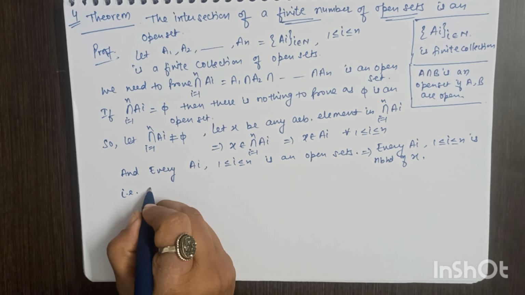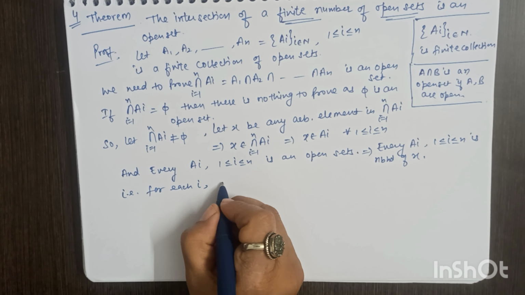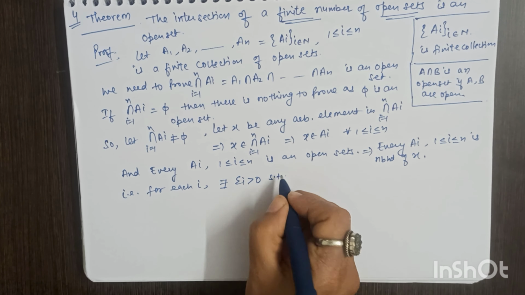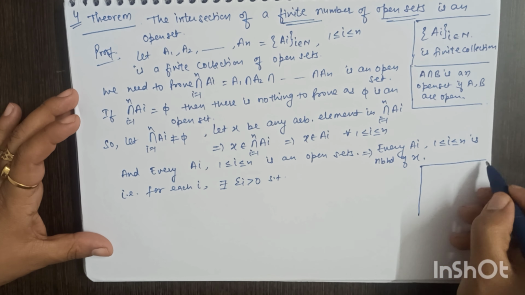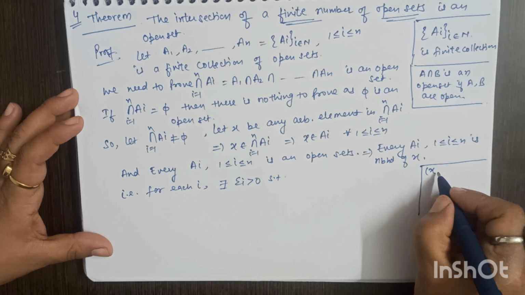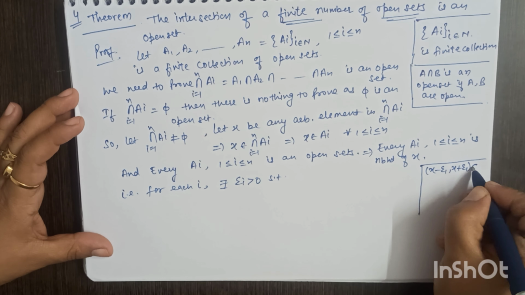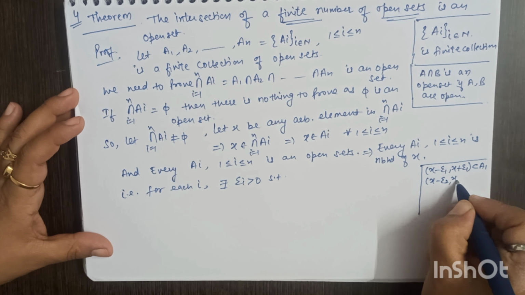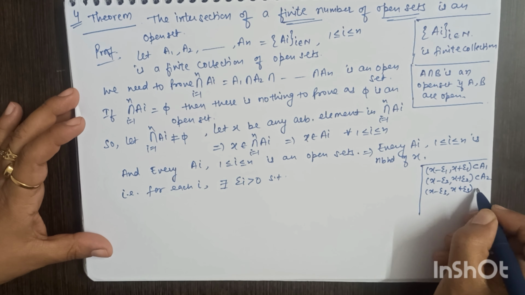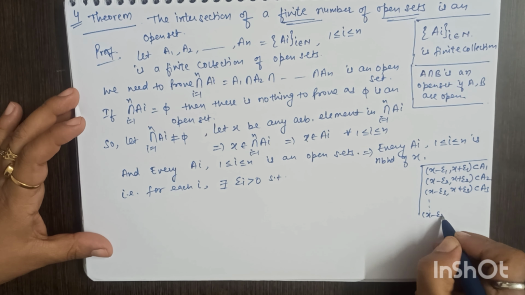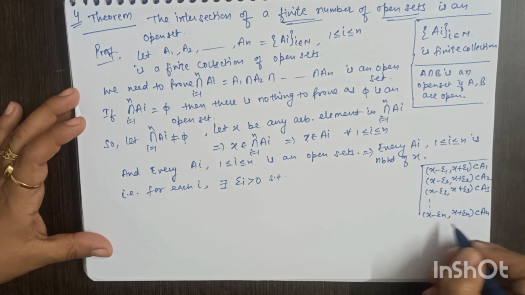So for every set I'll be getting a different epsilon. See what we are doing. Suppose the open interval containing x must be a subset of Ai. For A1 I am getting epsilon 1, for A2 epsilon 2, for A3 epsilon 3, likewise.